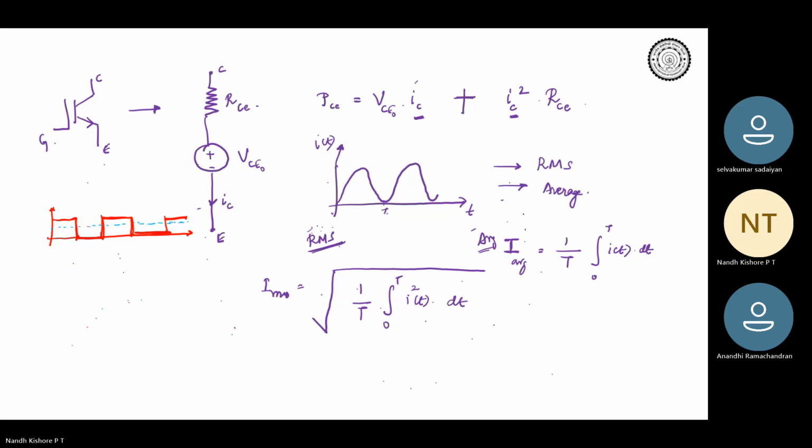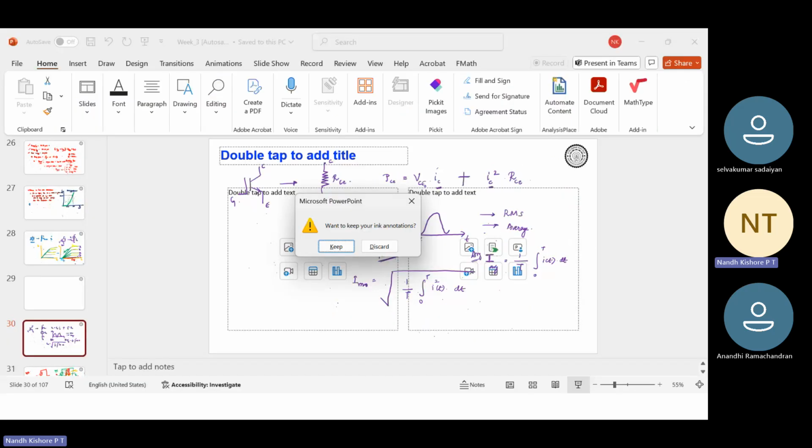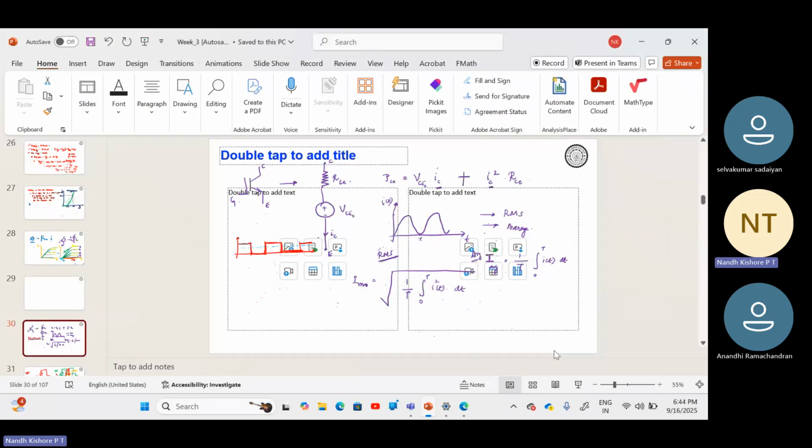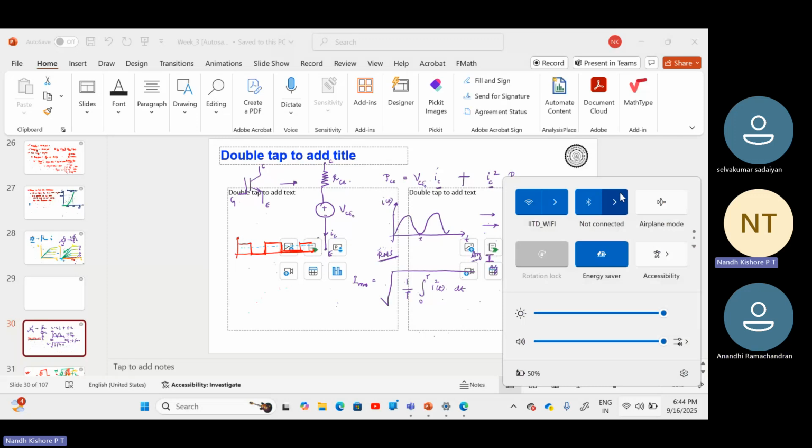Why does this definition of RMS come into play? RMS gives the amount of current which will give rise to the same temperature rise. You would have studied this.